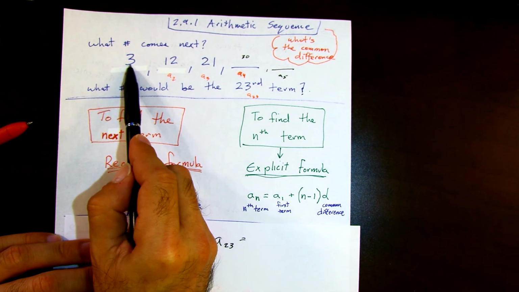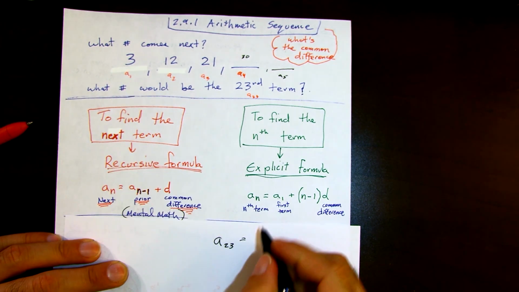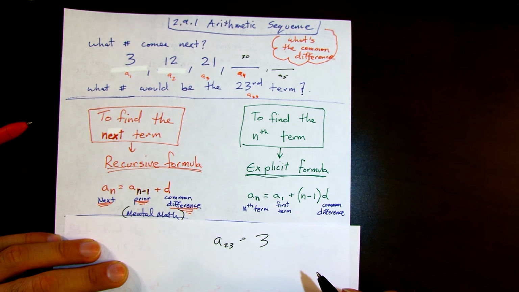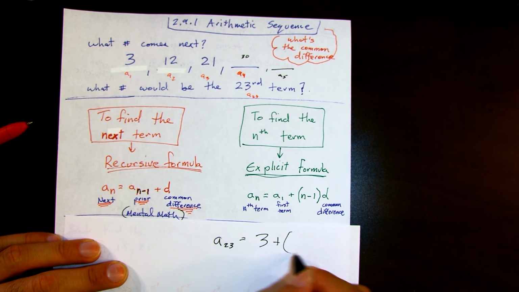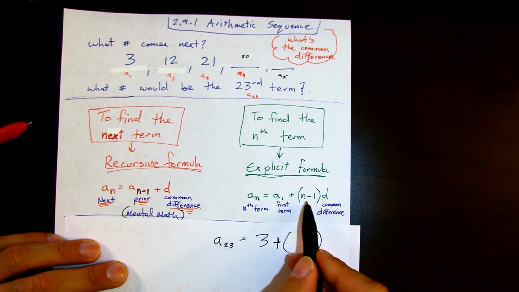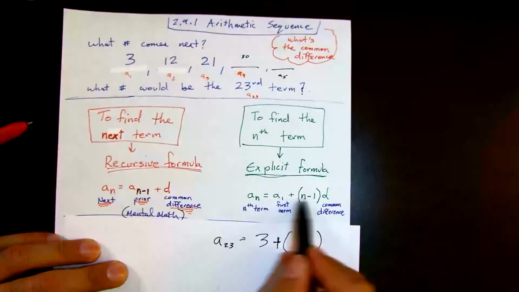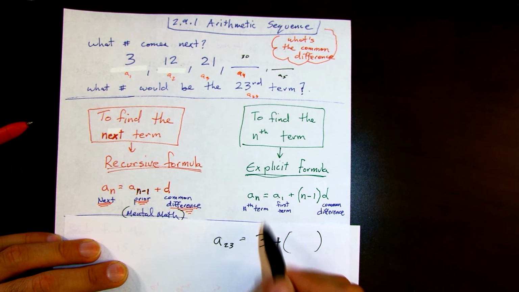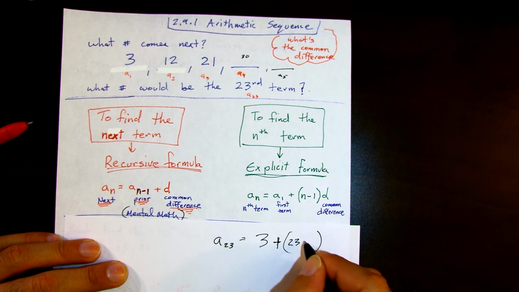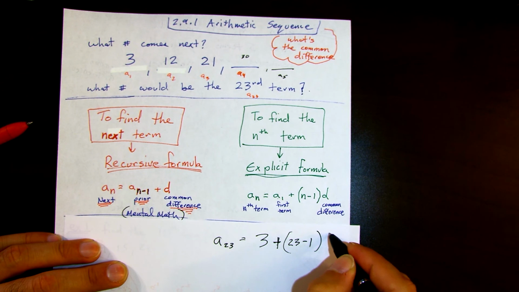My a sub 1, 3. So I'm going to put 3 plus my n, which is the number of the term I'm looking for. The number of the term I'm looking for is 23. Minus 1 times the common difference, which we said was 9.